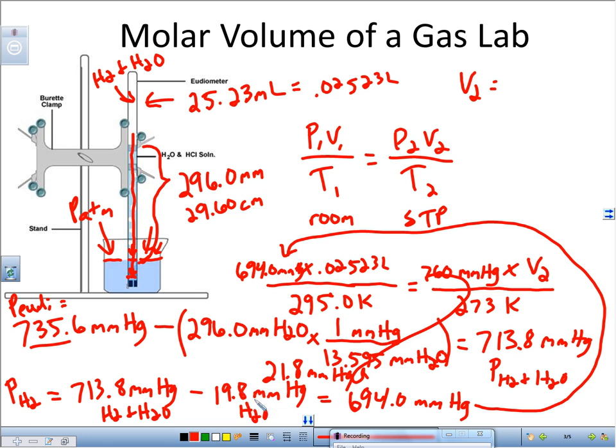So again, this temperature is for first block. In second block, we worked at a temperature of 21.5 degrees, so it was a little colder in here. And you have a different vapor pressure you'll need to subtract. Sorry about that.